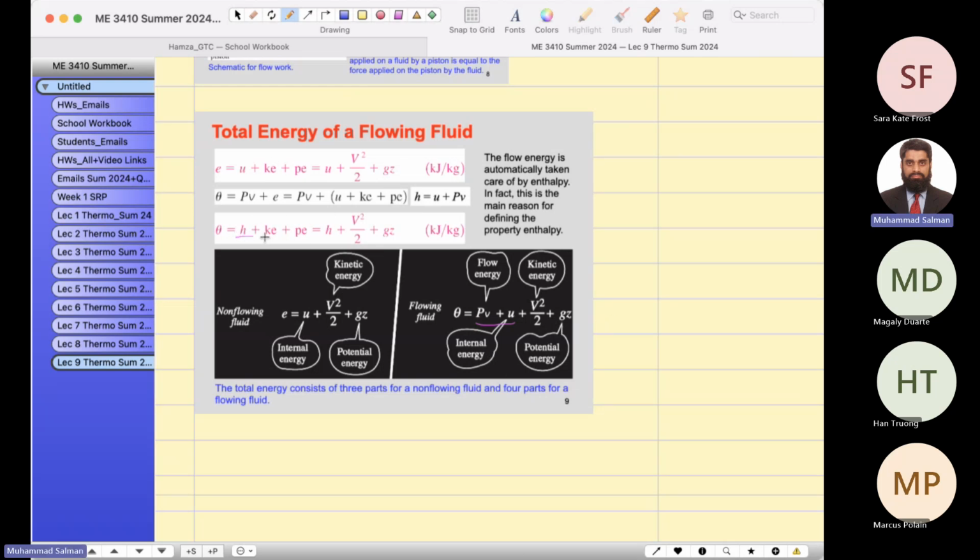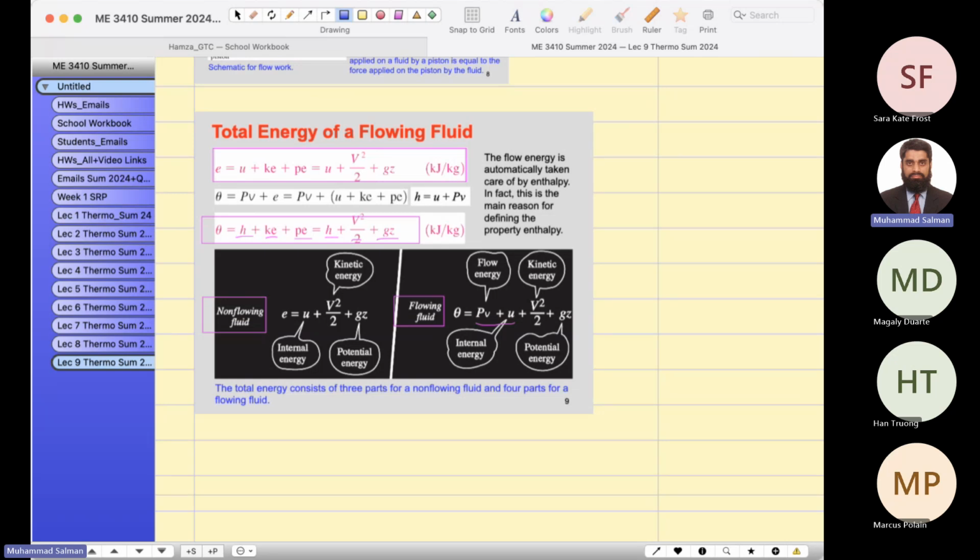Therefore, H plus K plus P. So for control volumes, we have to consider enthalpy plus kinetic energy plus potential energy. But for the closed system, look, this is for the closed system. But for the fluid flowing, we have another term. Enthalpy is replaced. So over here is non-flowing. This is flowing fluid. We have enthalpy.